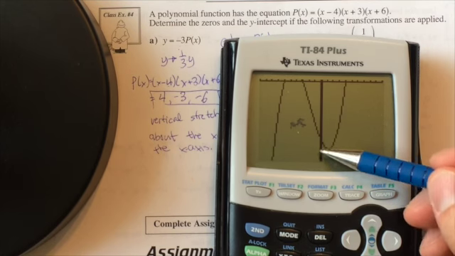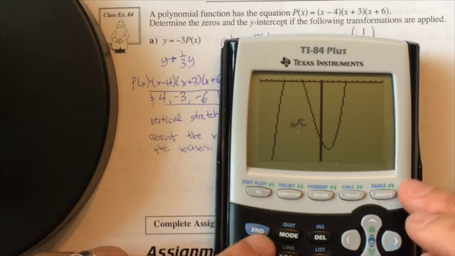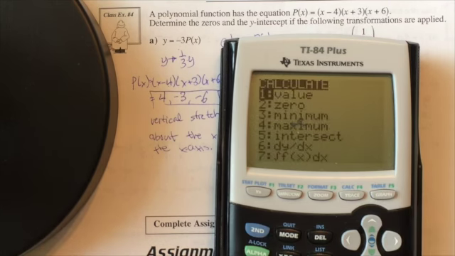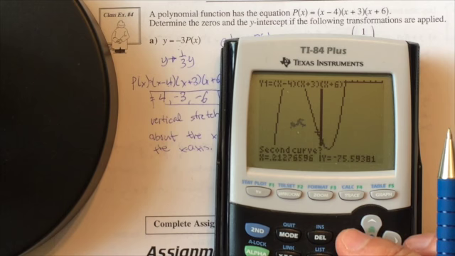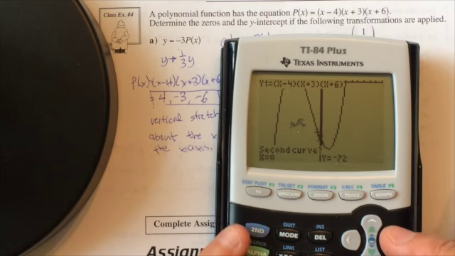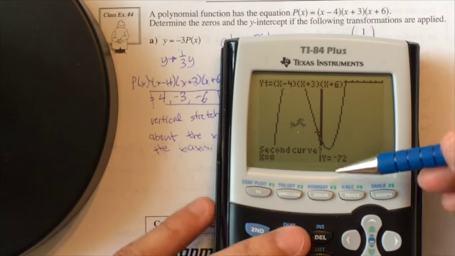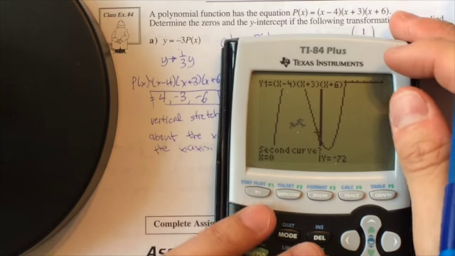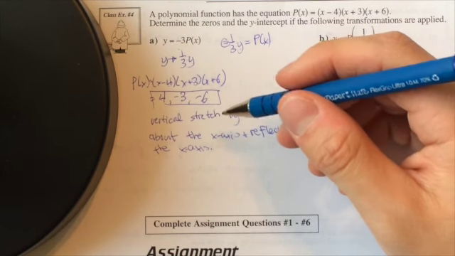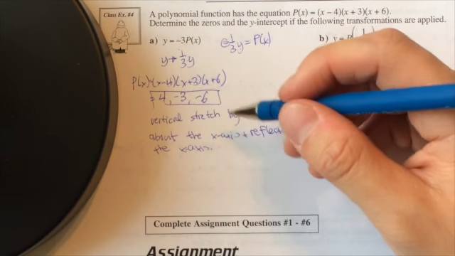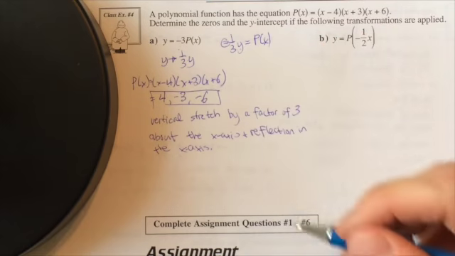Alright, so here's where we cross our y axis, and so we'll trace, find our intersection point, and we are at negative 72. So that's with our original graph. So let's see what will happen if we apply a change in our function here.